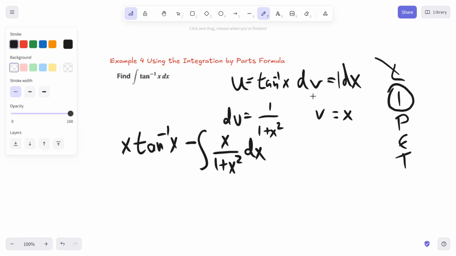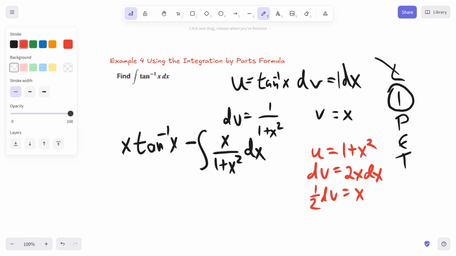Now that integral right there looks like a log form, because if I let u equal 1 plus x squared, then du is 2x dx, and 1/2 du is x dx. So I'm just using u substitution right here. I'm defining u as a different function here. And so I'm not using integration by parts again or anything like that.